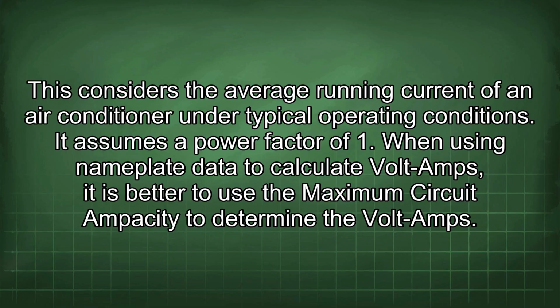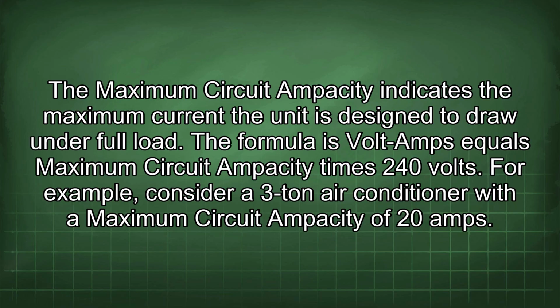When using nameplate data to calculate volt amps, it is better to use the maximum circuit ampacity to determine the volt amp. The maximum circuit ampacity indicates the maximum current the unit is designed to draw under full load. The formula is volt amps equals maximum circuit ampacity times 240 volts.